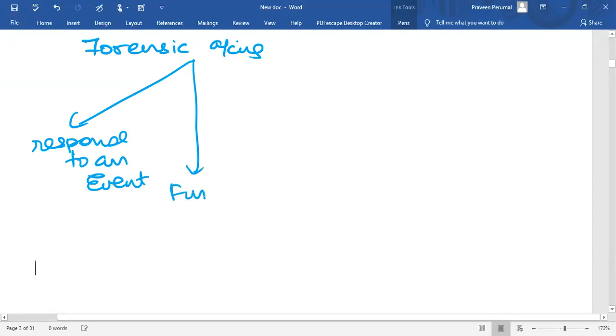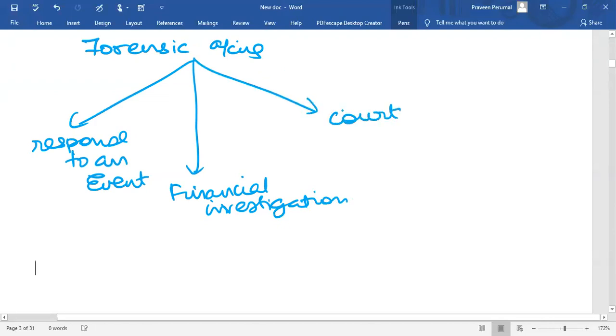Financial investigation. Then findings could be used in court to resolve the dispute.